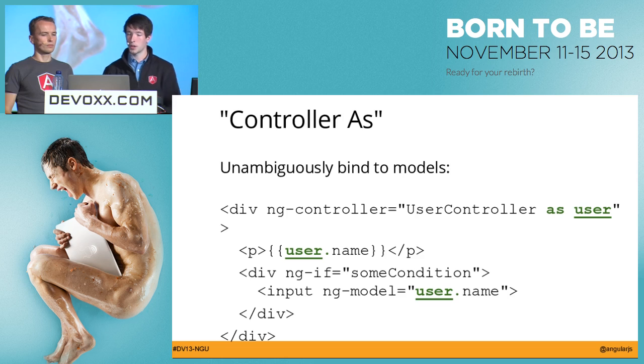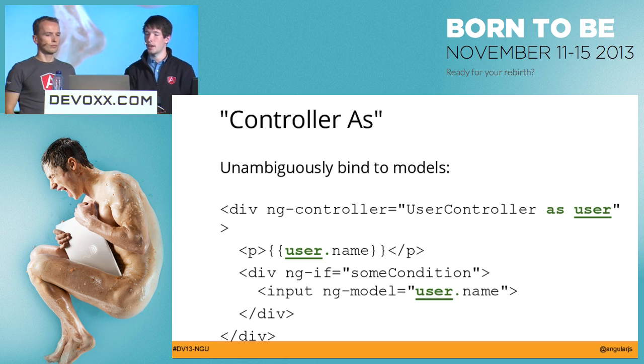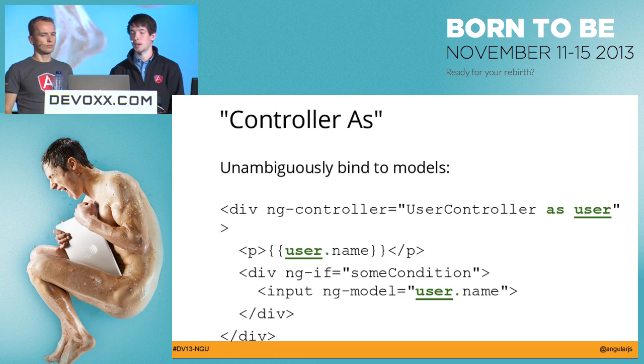So one way that we can address this is by making it easier to be explicit about which scope a certain property is on. That's what controller as can do for you. With controller as, we're saying we're going to publish this user controller as user, as the name user onto the scope.